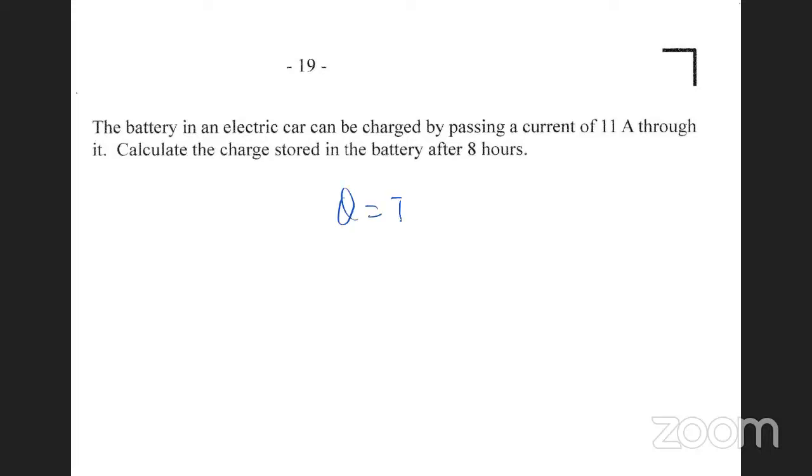Q is equal to IT. I is how much? 11. And T is? It should probably be in seconds. So it would be 8 by 60, right? 60 minutes to 60 seconds.